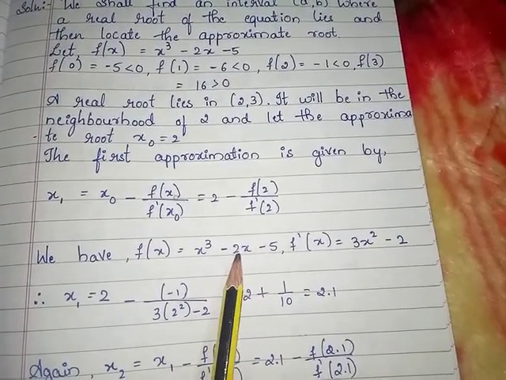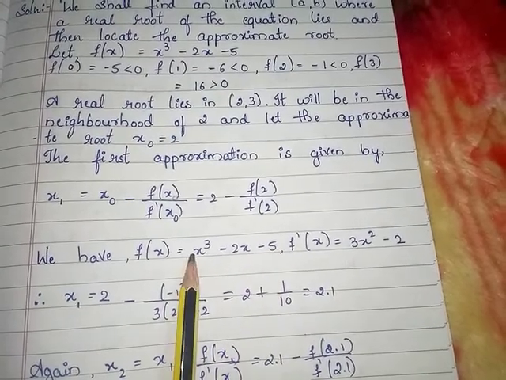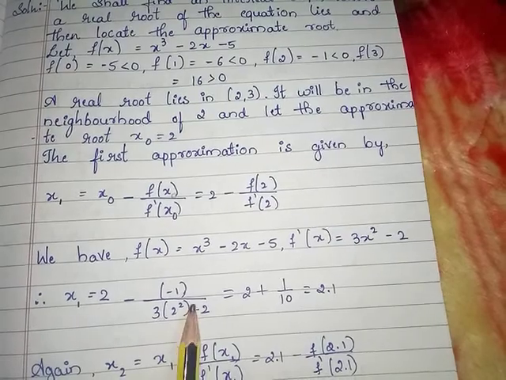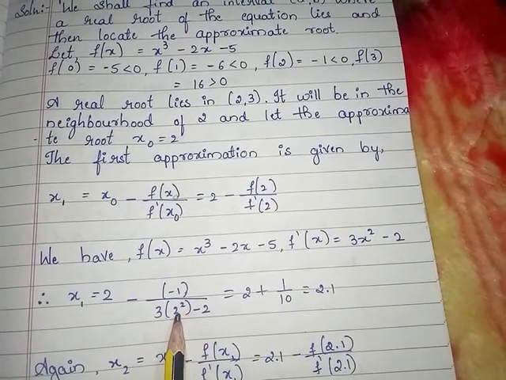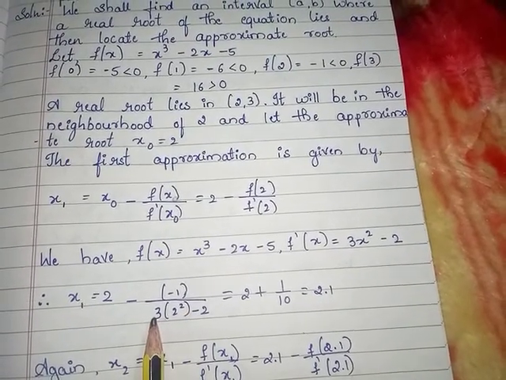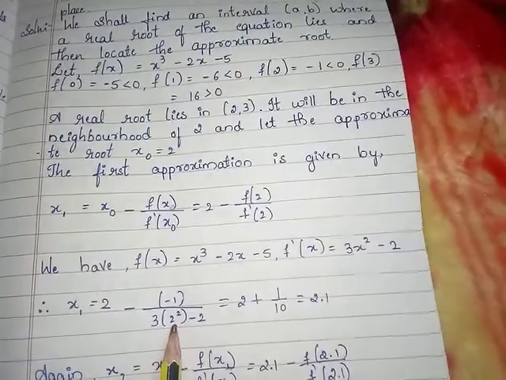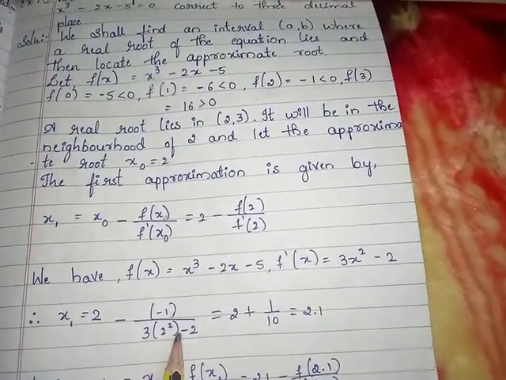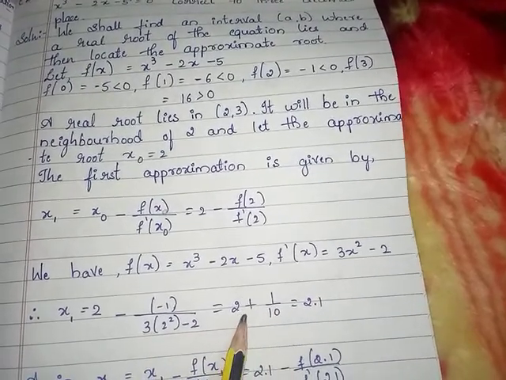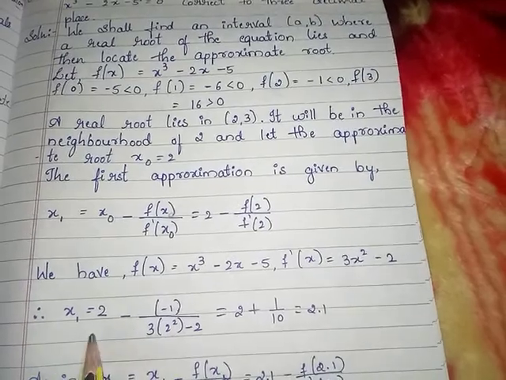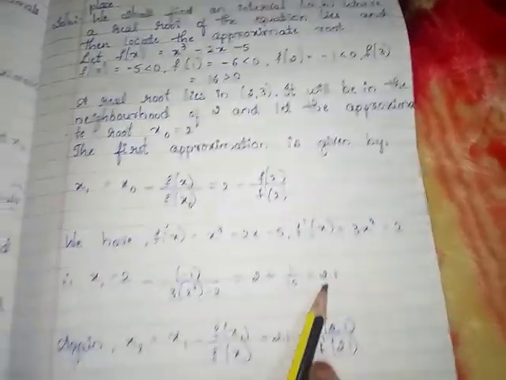Minus 4 minus 5 is minus 9, plus 8 is minus 1, divided by 3 into 2 square minus 2. 2 square is 4, 4 into 3 is 12, 12 minus 2 is 10. Therefore, 2 plus 1 by 10 is equal to 2.1. Therefore, x1 value is 2.1 here.